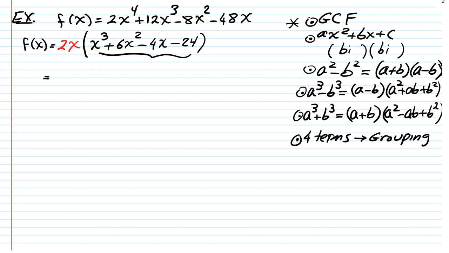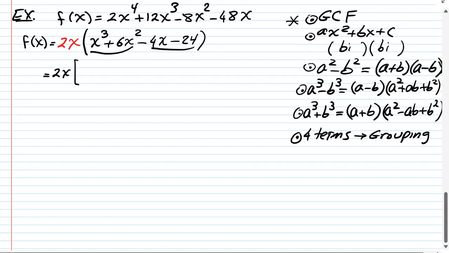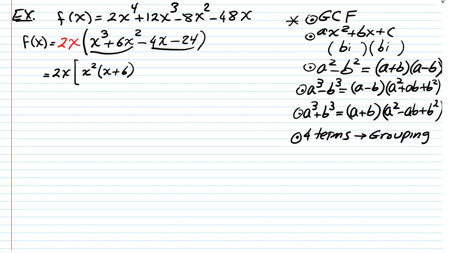Now, because there are 4 terms here, I'm going to try factor by grouping them. And let's do that. Now in here, I'm going to group, let's say, first 2, last 2 together. From the first 2, the GCF is x squared in that group itself. I'm going to factor x squared. That will leave me with x plus 6 from the first group.